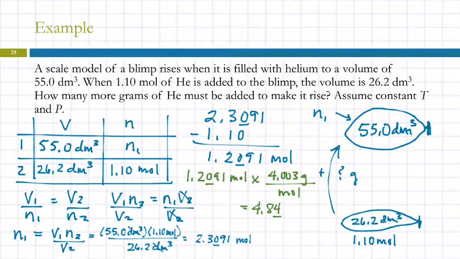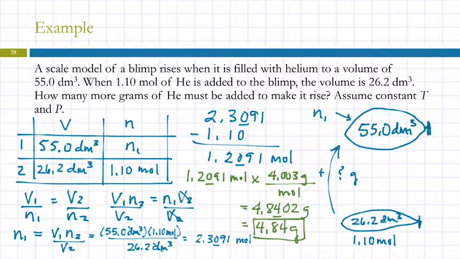I get 4.8402 grams. We'd round that to 4.84 grams. So 4.84 grams of helium need to be added to this partially filled blimp so that it will rise.